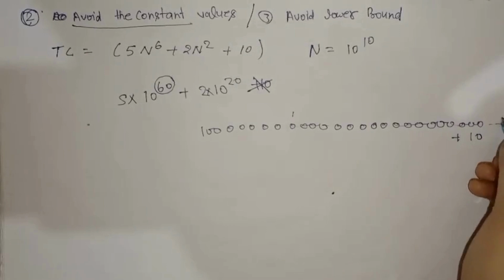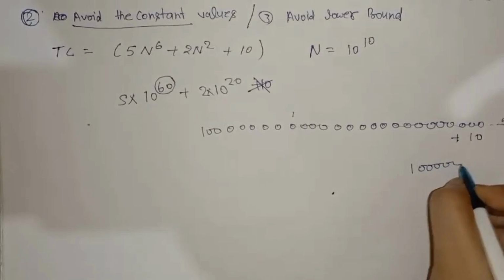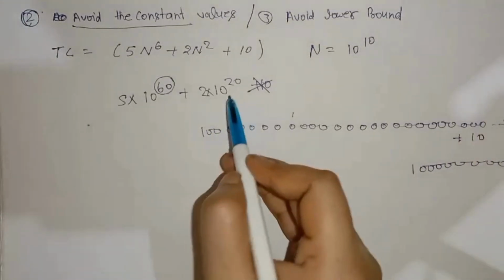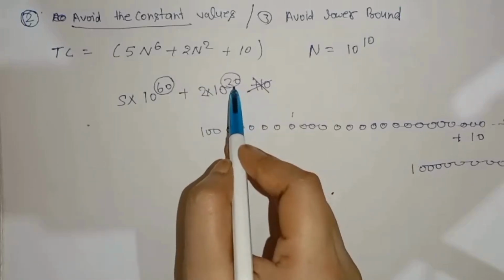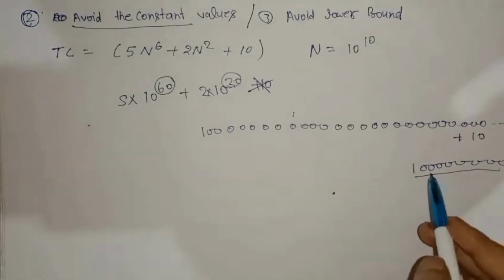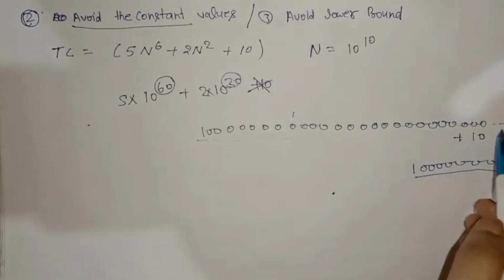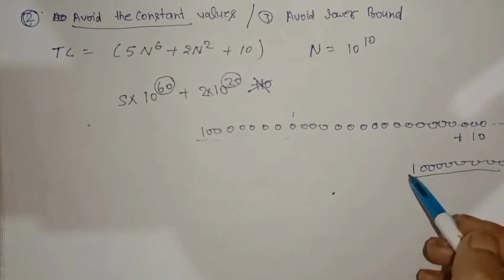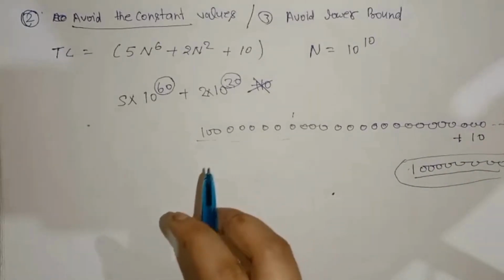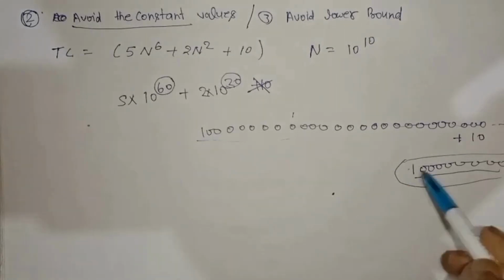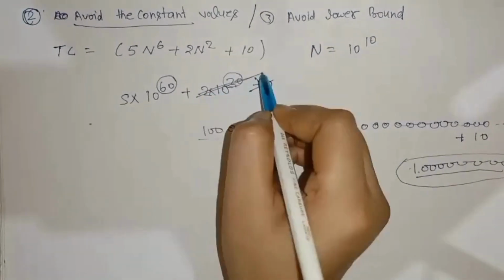This is like 60 zeros, and you have 10 to the power 20, that much only, 1 and 20 zeros against 1 and 60 zeros. If you add that small a number, does that make sense? No, it will not make sense, because it is not affected by this. That's why we always avoid the lower bound.